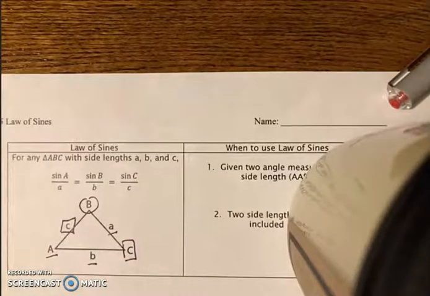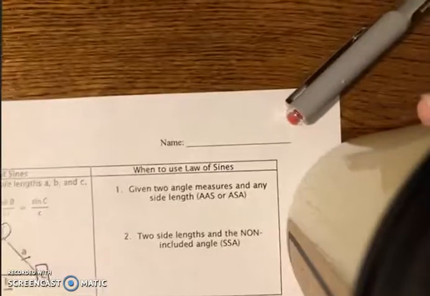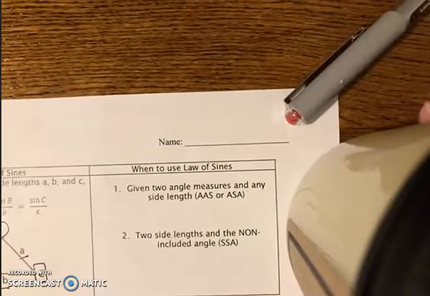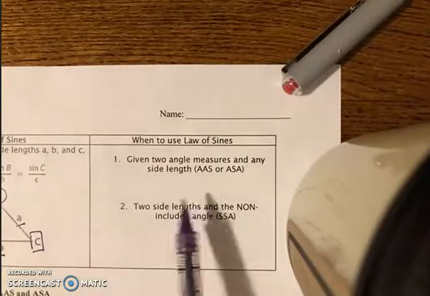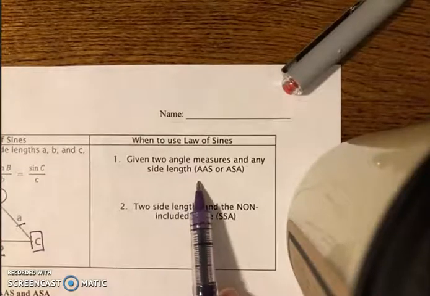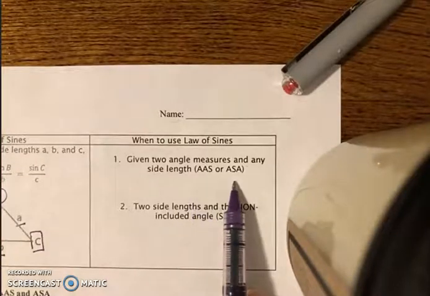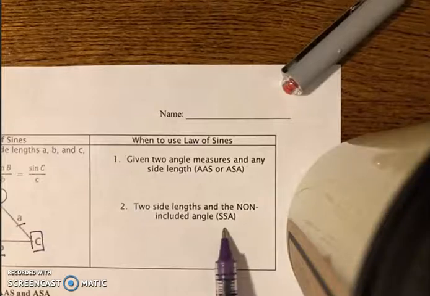So again, we're just writing trigonometric ratios, that's all. We're going to solve for missing lengths. You can only use the law of sines, so writing the ratios, when you have angle-angle-side, angle-side-angle, or side-side-angle.